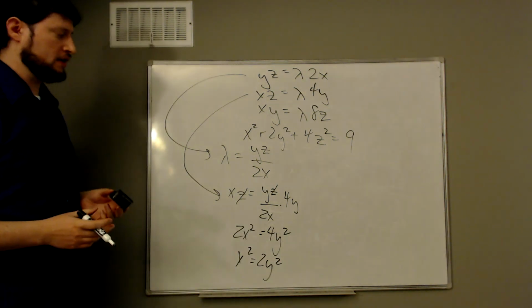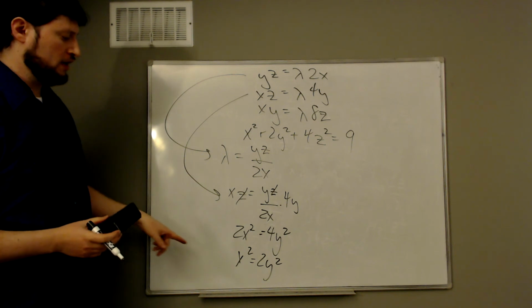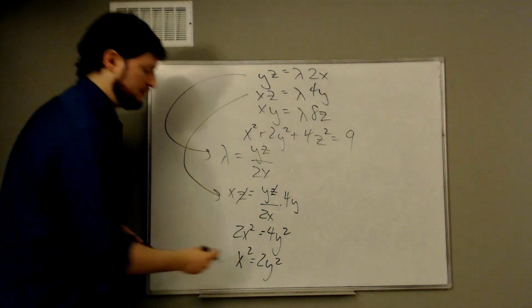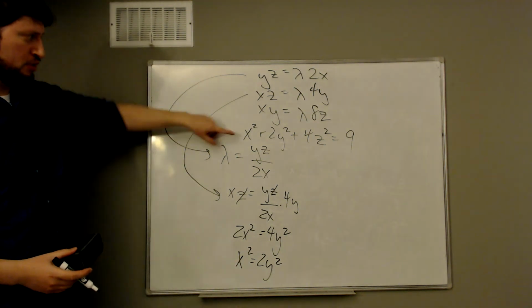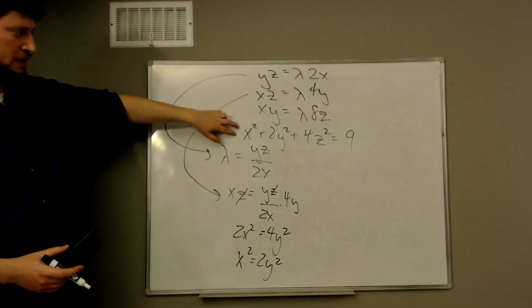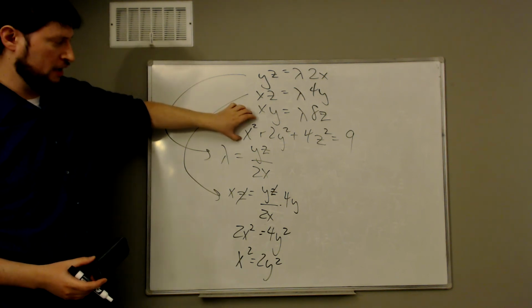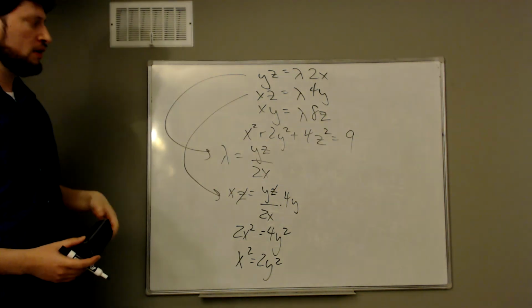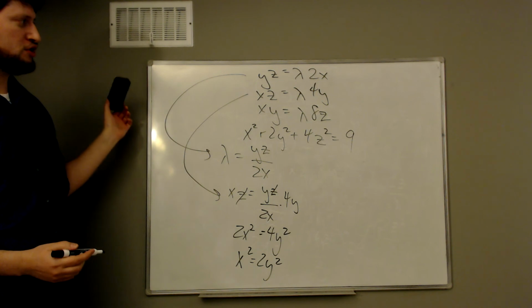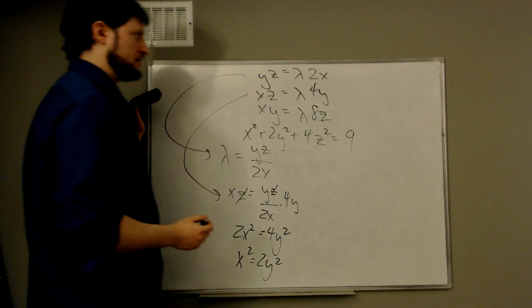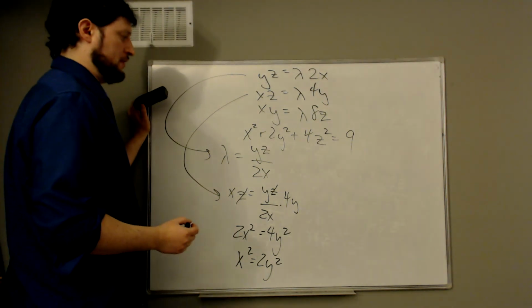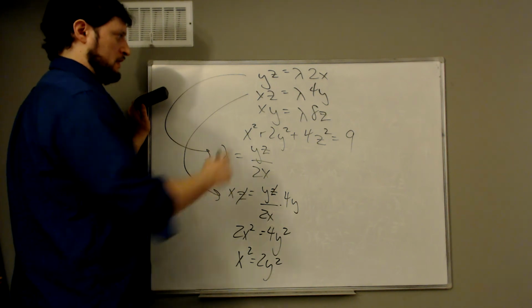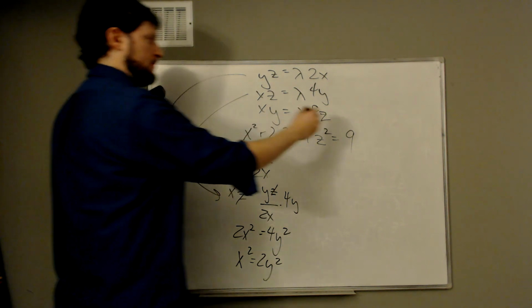Well, that's great. That's pretty nice for lots of reasons that we'll see in a little bit. In particular, we can look at this constraint equation and see that we can get this in terms of y, and we've got this in terms of y. So if we could somehow get z in terms of y, well, then we'd be in pretty good shape. So let's use our lambda and plug it into this equation as well.